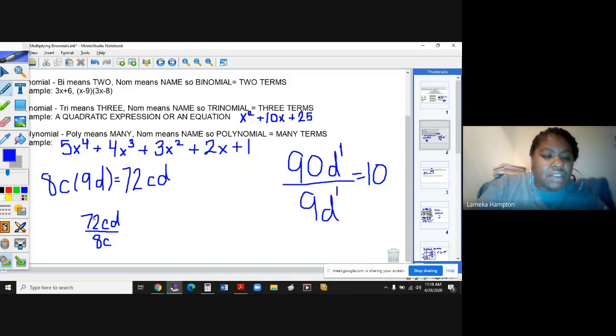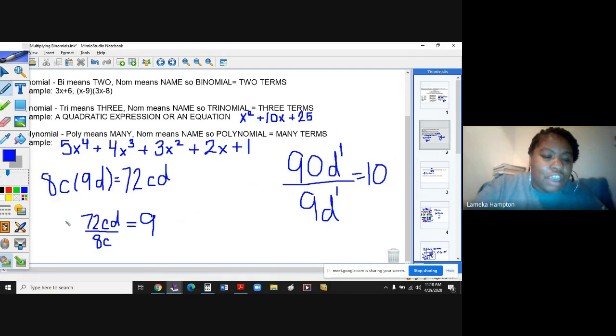So what is 72 divided by 8? 9. So I got the number part out of the way. Now I am going to subtract my exponents.